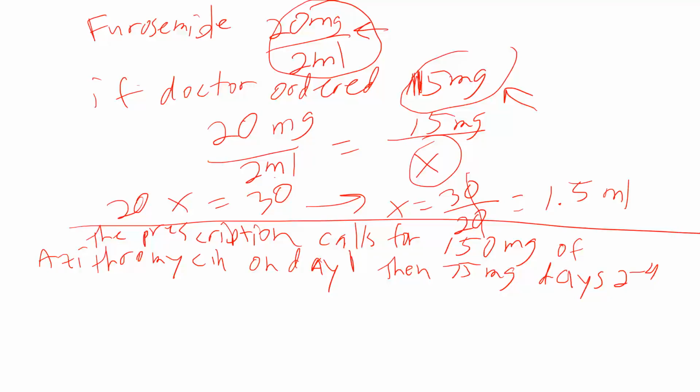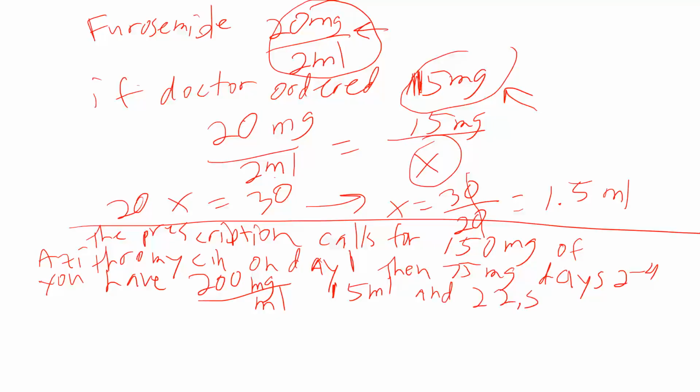Let's say you have a bottle of 200 milligrams per mil, and you have two sizes. You have a 15 mil size and a 22.5 mil size. So how would you fill it?